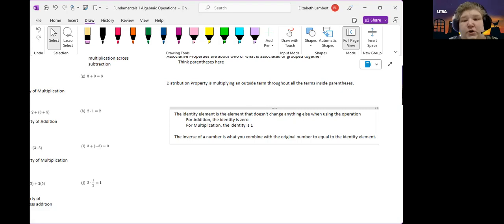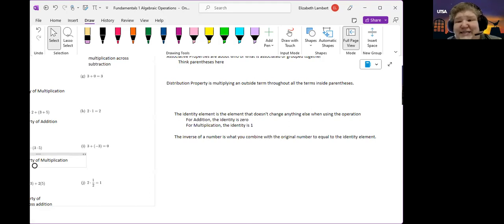So notice I finished this with equal to the identity element. When we look at these, the first two equal some random numbers. The second two are equal 0 and equal 1. That's your big visual flag for how to tell the difference.